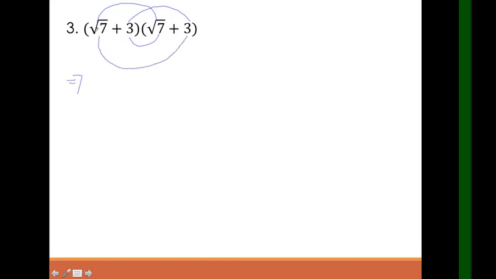So we have square root of 7 times square root of 7, that's square root of 49. 7 times 7 is 49. 3 times 3 is 9. We have 9 here. And then 3 times square root of 7 is positive 3 square root of 7. Plus 3 times square root of 7 is positive 3 square root of 7.